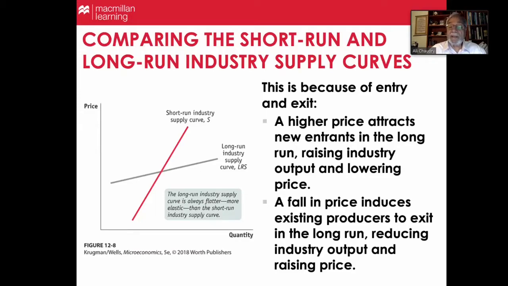They will come in. So in the long run, the industry will be increasing the supply and lowering the price for the consumer. A fall in the price obviously would force people to exit the business, and they will reduce the number of producers and output, and the prices will begin to rise in that case.